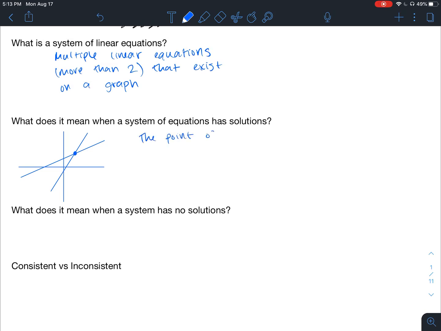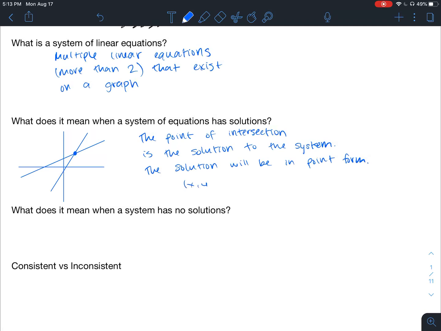So the point of intersection is the solution to the system. And the solution will be in point form, meaning x and y, because this point is going to occur at some x value and y value.